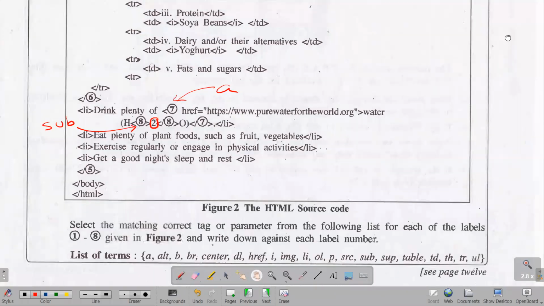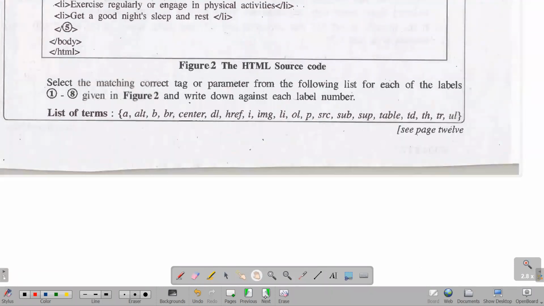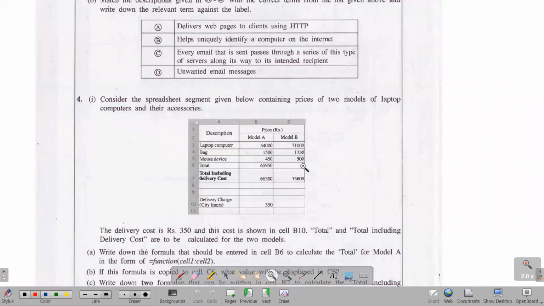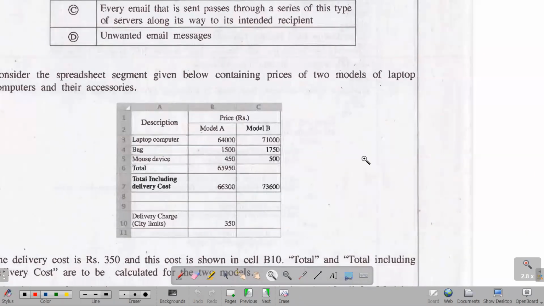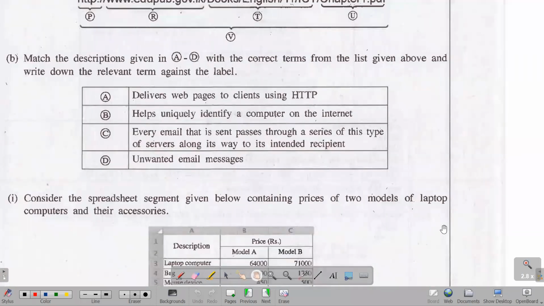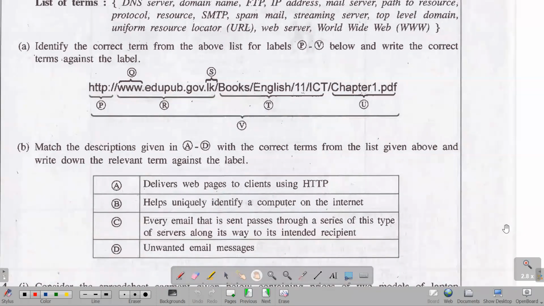So let me check it from here. Where can we find the list?